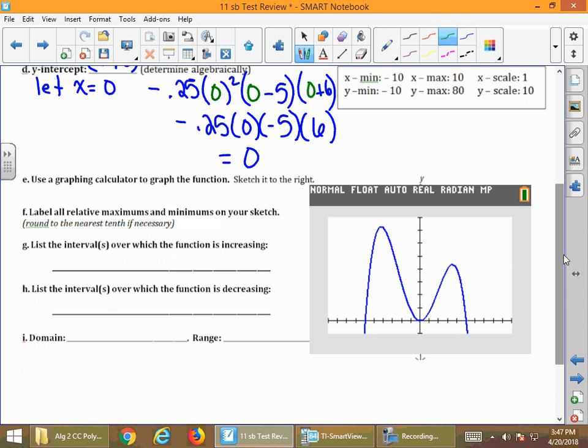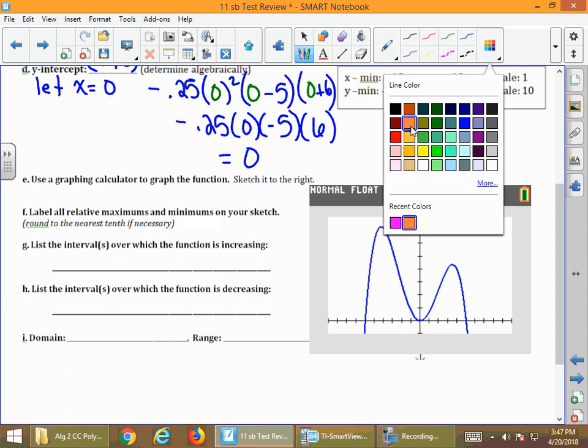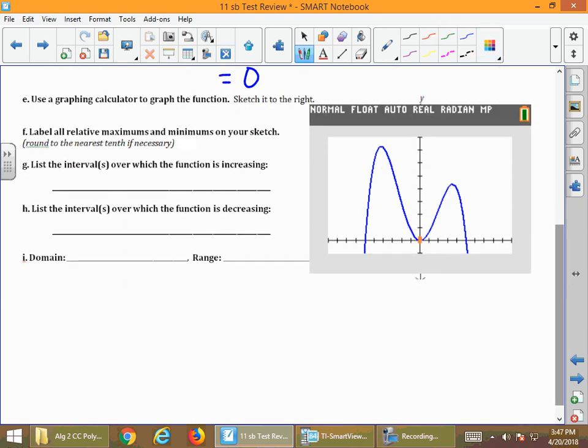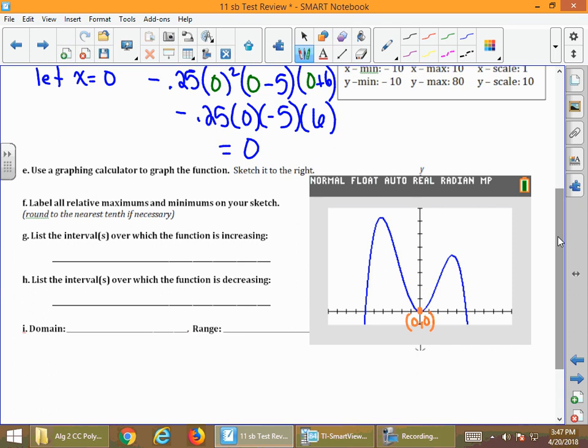Notice that here on our picture, we've got 0, 0 right here. And that actually ends up to be one of our turning points, so we might need that information in a couple minutes.